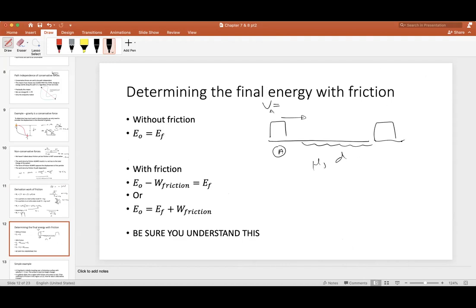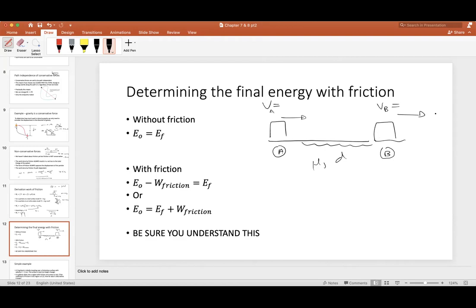And we want to know, once it gets to the end of that friction, and it stops, so VB is 0, how much work was done by friction. In fact, let's not call that 0. Let's say it passes through a region of friction, but it's still going at B with some velocity. I want to do that for a specific reason that I'll talk about in a minute.